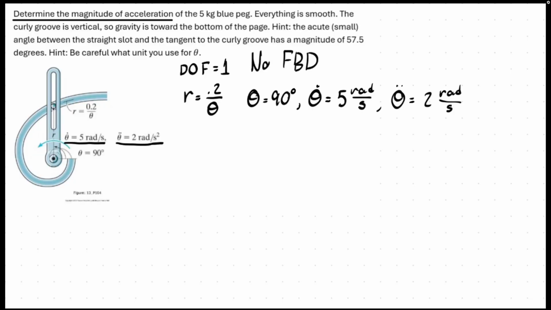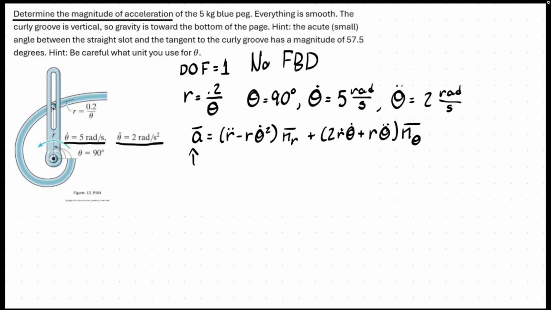So for the acceleration of any polar, it's going to be equal to r double dot minus r theta dot squared, and that's for the radial component, plus 2 r dot theta dot plus r times theta double dot, and that's for the transverse component. Okay, so if we want to find our acceleration, what variables are we missing?